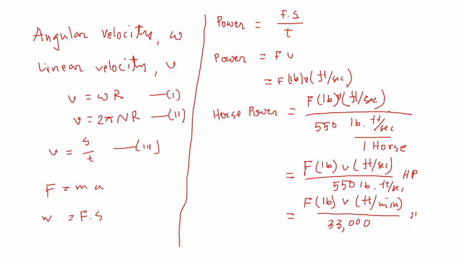So that would also be in horsepower. So this is in pound-feet per minute. So every adult horse can carry this much and can go 1 foot per minute, like that. You can think of it like this. So that's the horsepower relationship.